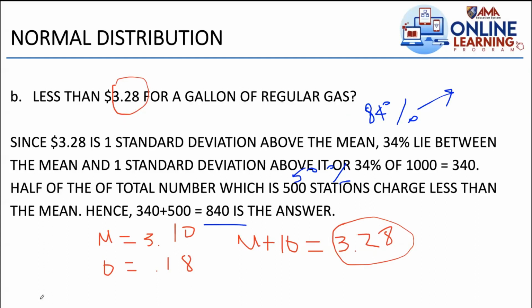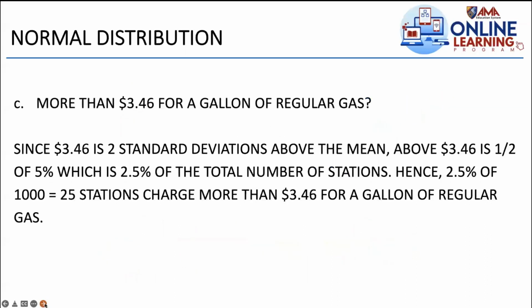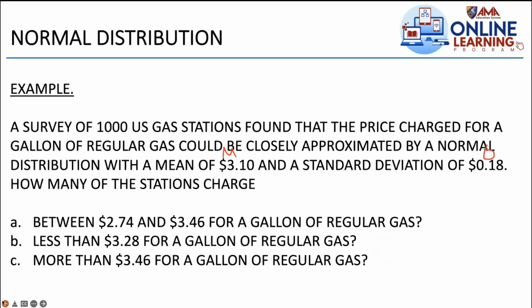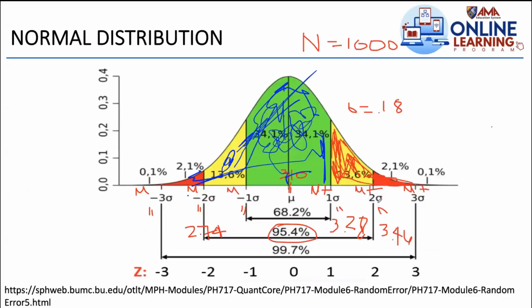Okay? So now let's go to the next problem, which is like a continuation. Again, the one I mentioned: more than 3.46. So where's the 3.46? This one, right? This is the 3.46. But we know this is two standard deviations. And we know the percent here: if you consider mu plus 2 standard deviations and mu minus 2 standard deviations, we answered that already.